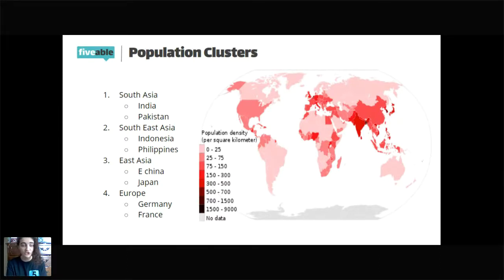Okay, so we have South Asia, right? We have India and Pakistan, the most populated countries in South Asia. Guys, it's very important to know these regions. On the test, if you're going to compare two countries, you're obviously not expected to know the exact population density of each region.